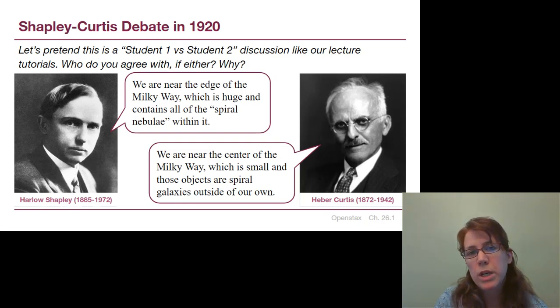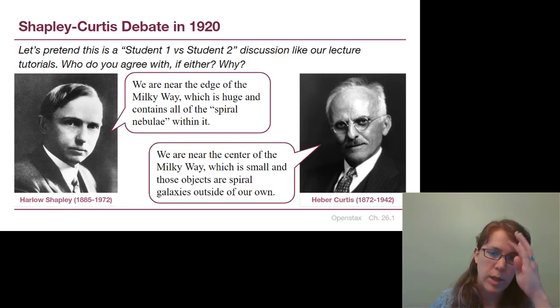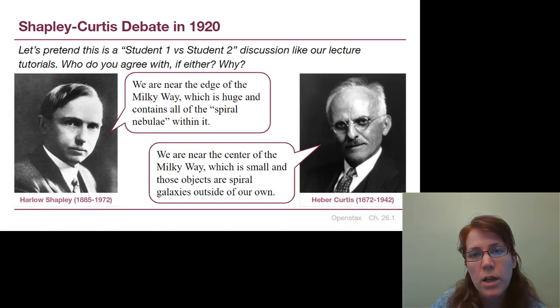So Harlow Shapley was right about our location within our galaxy, but not about the size of our galaxy, the extent of it. And Heber Curtis put us at the center of the Milky Way. He didn't agree with Harlow Shapley's globular clusters map because he thought that a lot of those were outside of our galaxy too, and decided that our galaxy was really, really small and everything was way outside of ours.